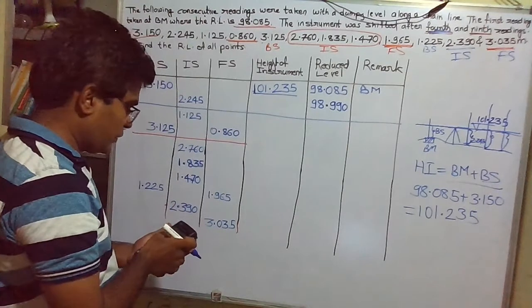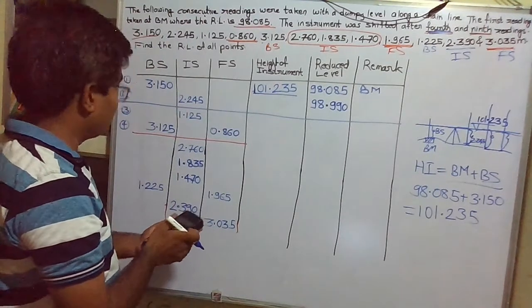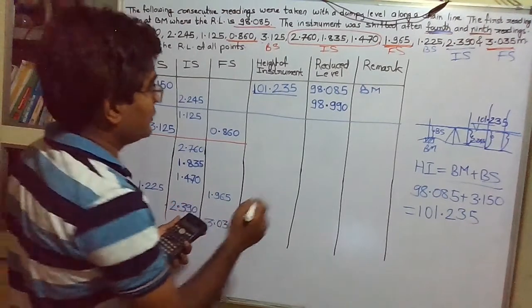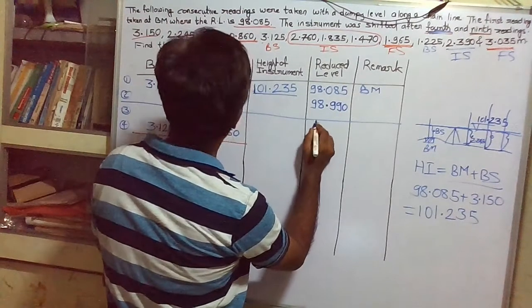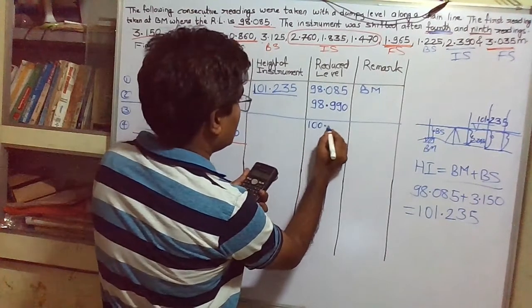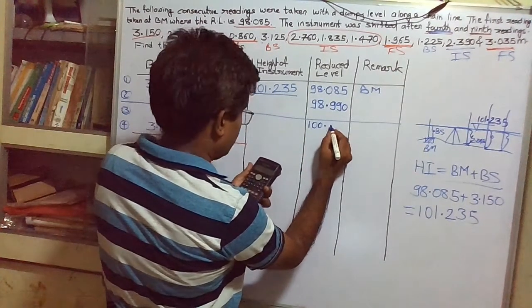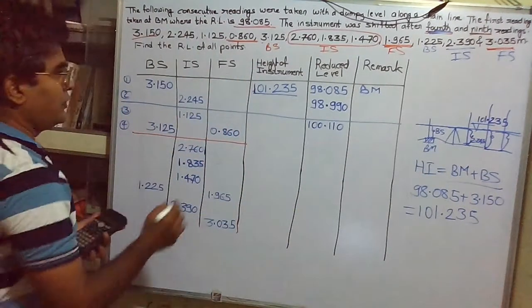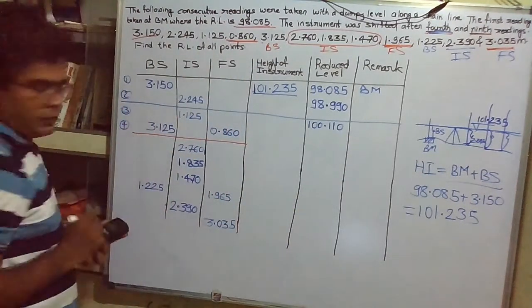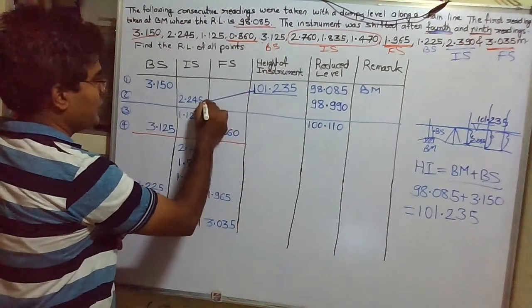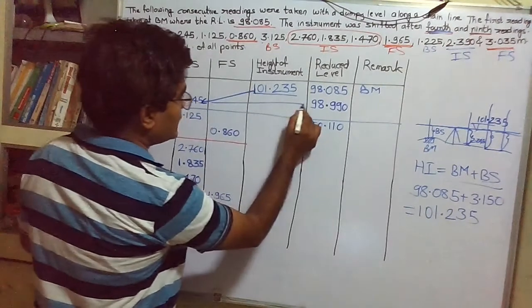That comes to be 100.110. Again, then for the fourth point, see this minus this, we got this.